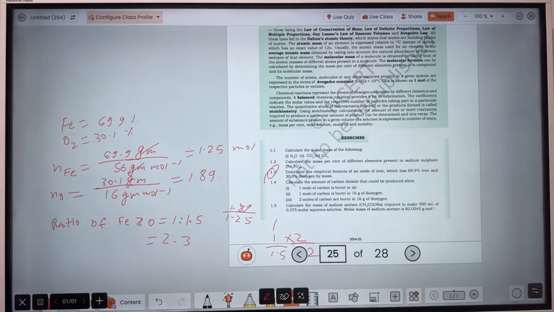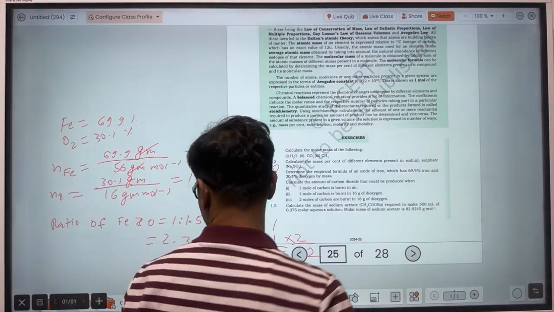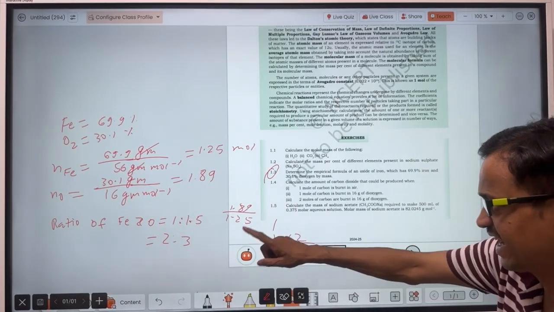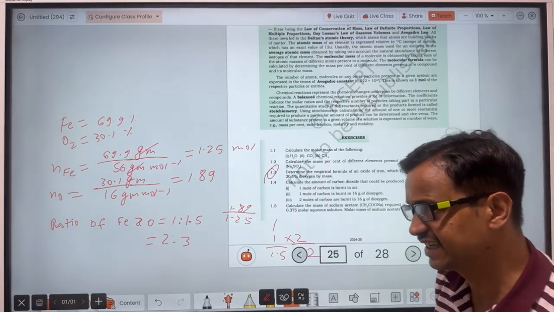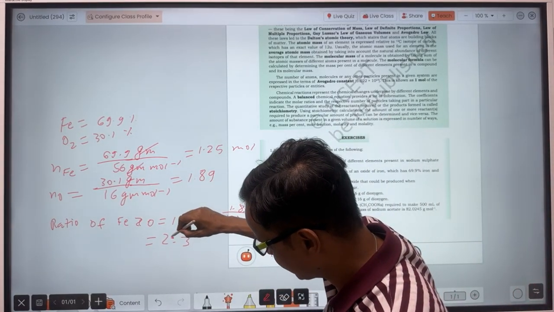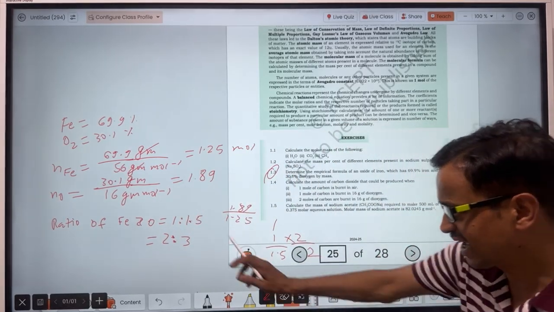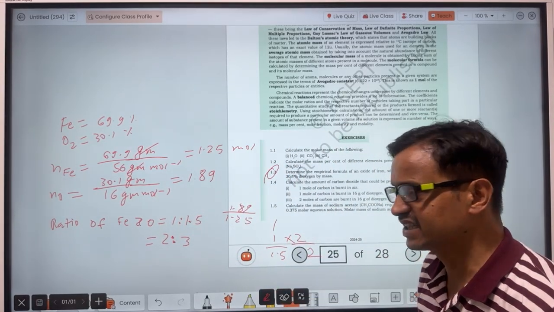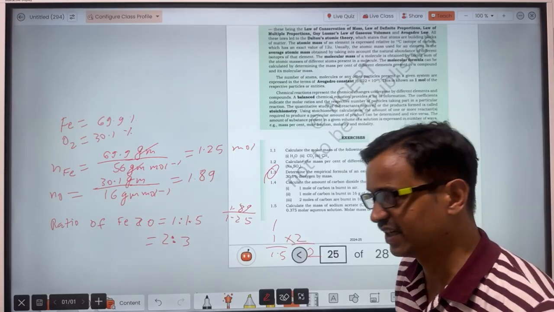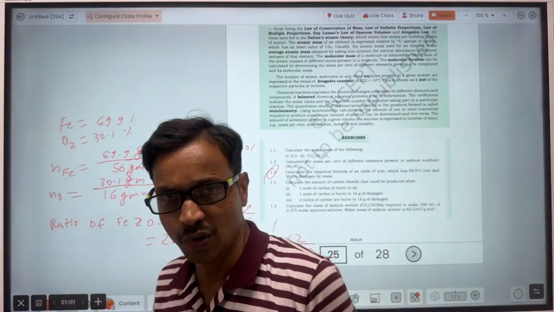So in the compound, the ratio of iron to oxygen is 2 to 3. So that's why the empirical formula will be 2 iron and 3 oxygen, that is Fe2O3.